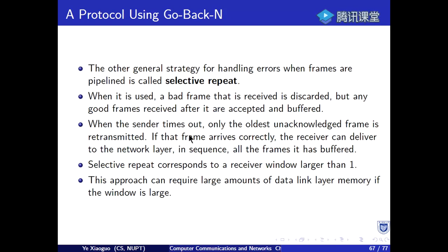When the sender times out, only the oldest unacknowledged frame is retransmitted. If that frame arrives correctly, the receiver can deliver to the network layer in sequence all the frames it has buffered. Selective repeat corresponds to a receiver window larger than 1.